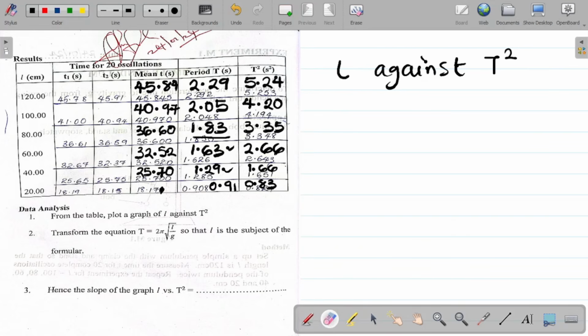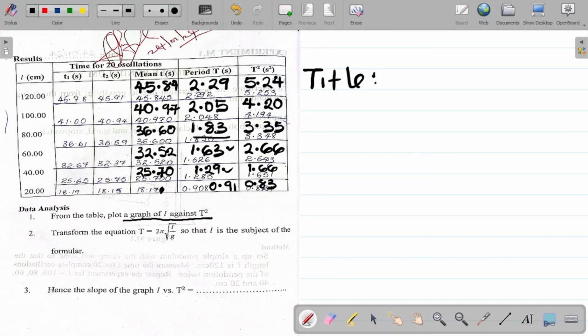If I'm plotting a graph, every graph needs a title and a scale. So what would be the title? The title is always easy to get. The title of my graph would be what you're given here. This graph of L against T squared becomes the title of your graph. So that's way easy to get.